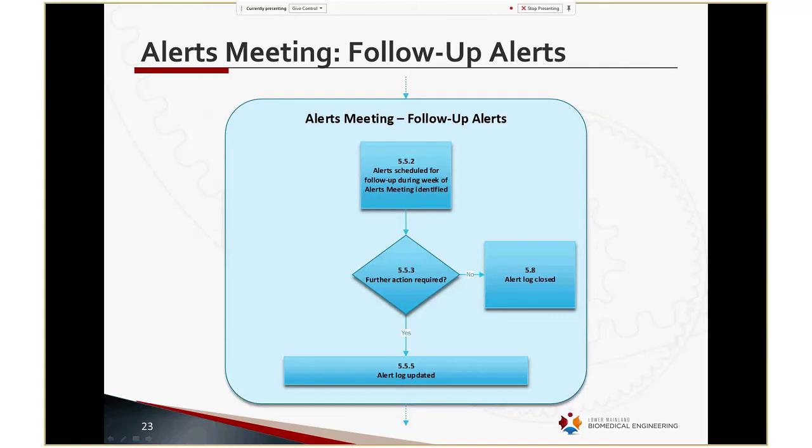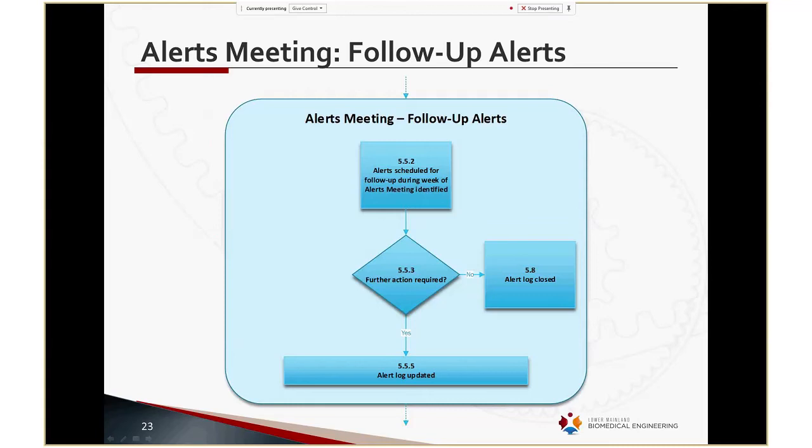So the second piece in terms of the meeting is surrounding the follow-up alerts. Follow-up alerts are, again, any alerts that were scheduled for follow-up during the week of their alerts meeting. If these are brought forwards, we run through all of them and identify which teams were affected, and then we'll ask for an update on that alert. Basically what we're trying to determine is, is there further action required?